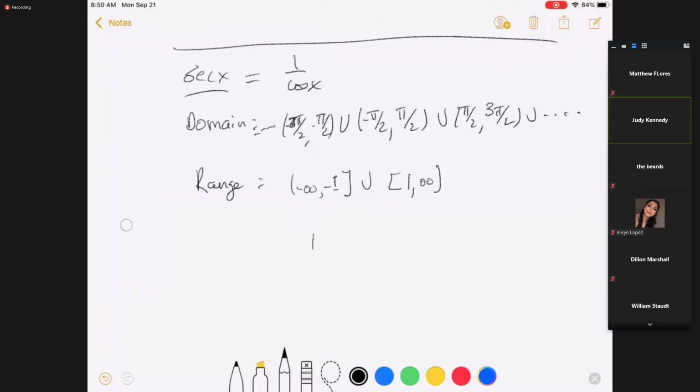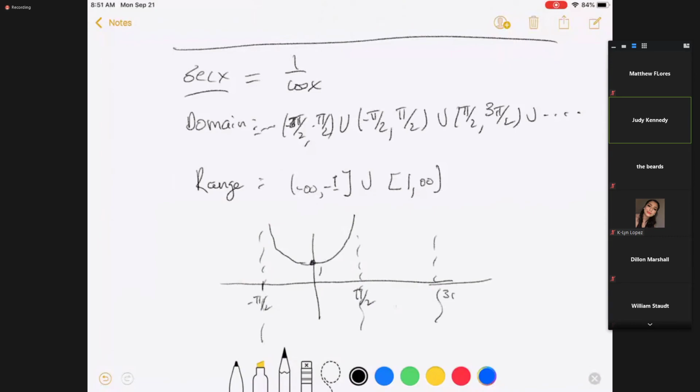And the graph, okay. That's 1. And then on the here, okay, -1 would be the highest point.